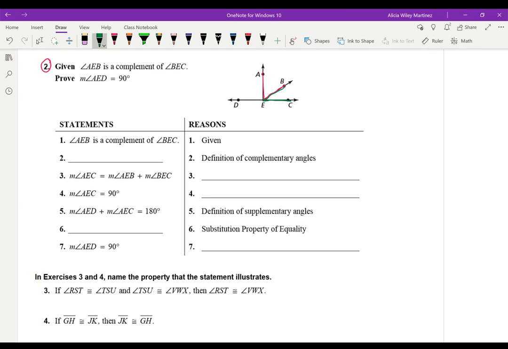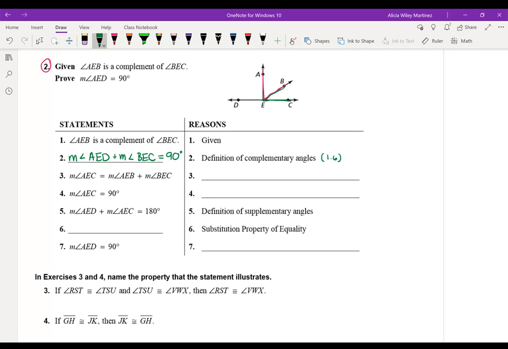This is the idea that I can state that the measure of those two angles, AEB and the measure of BEC, since they are complements of one another, will add up to 90 degrees. The reason for that, again, is the definition of complementary angles. Complementary angles is a topic that we talked about in section 1.6, so make a note of that.